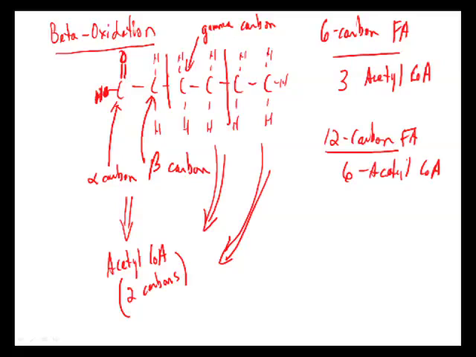What's the mathematical formula we can use to determine how much acetyl-CoA we get from a fatty acid chain? Divide by 2. So if I said a 38-carbon fatty acid chain, how much acetyl-CoA would we get? 38 divided by 2 is 19. And we get 19 acetyl-CoA molecules.